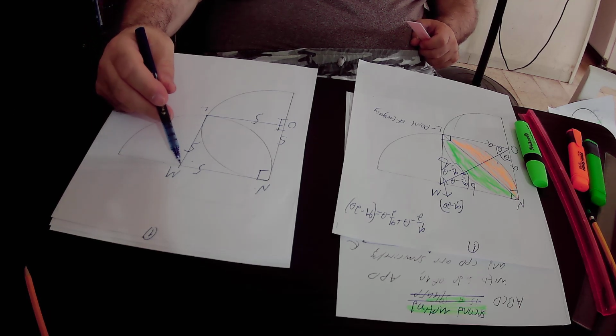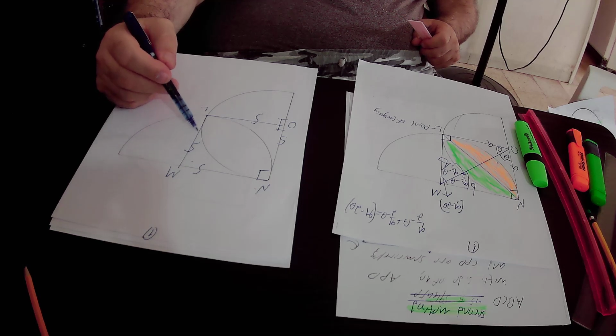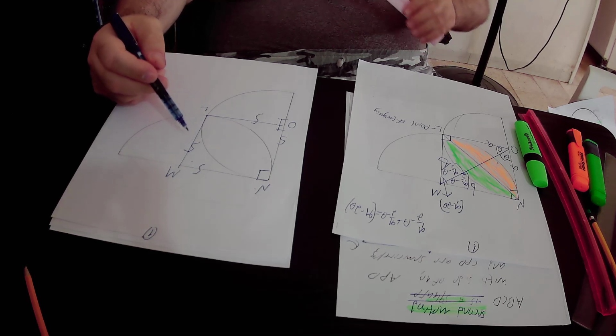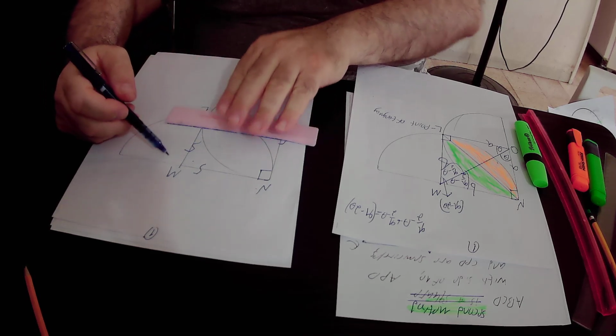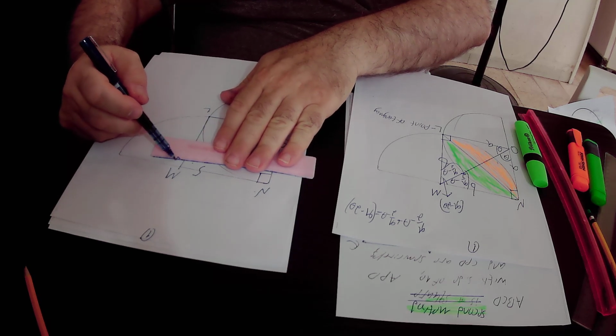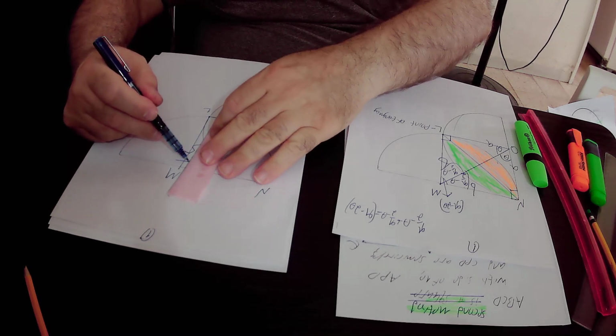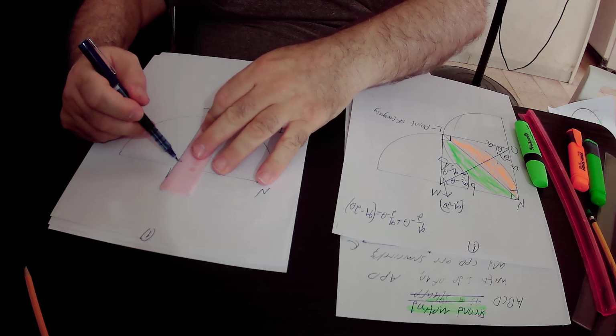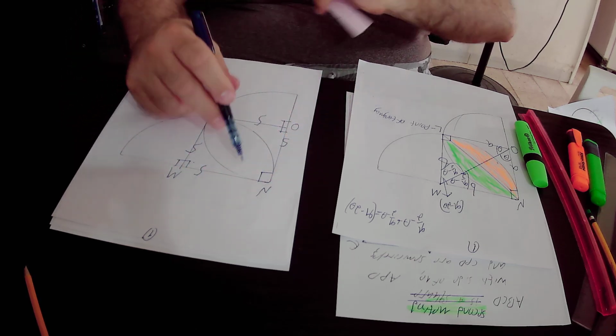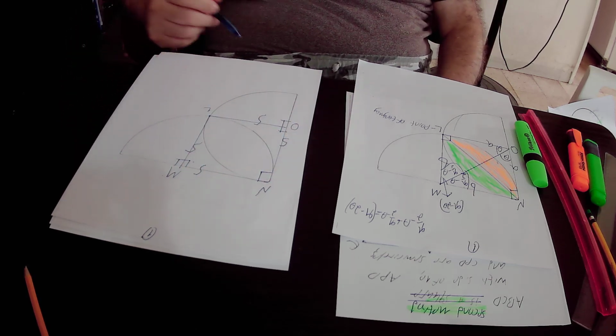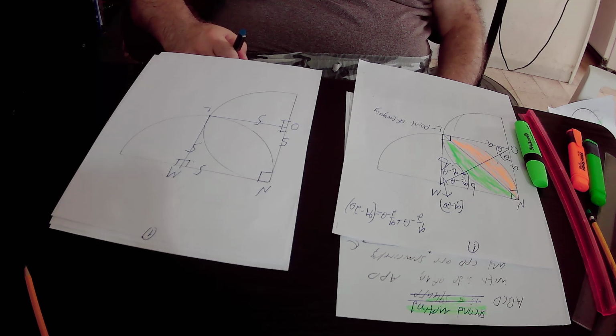If we draw the radius ML in such a way that it is perpendicular to the diameter, then it also will be tangent to the other semicircle at point L.